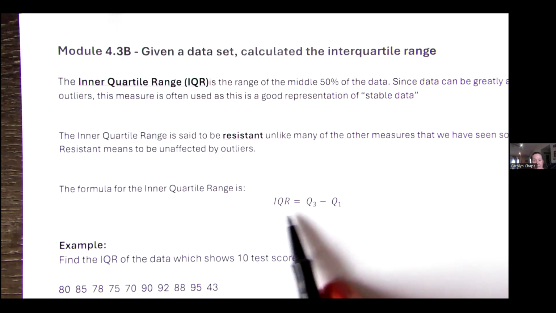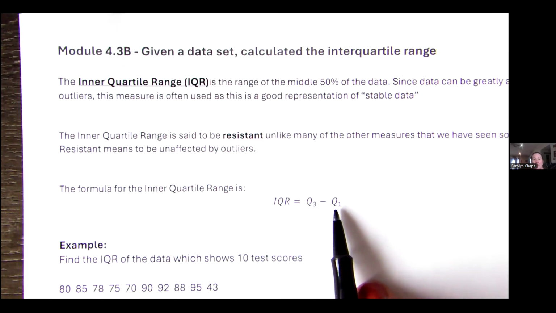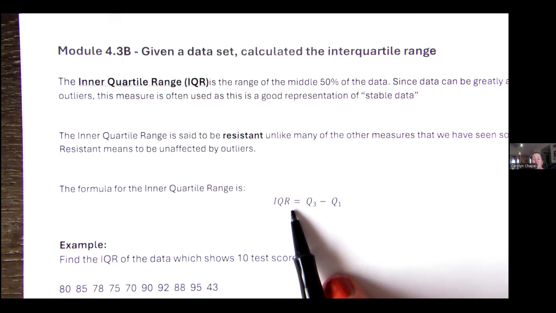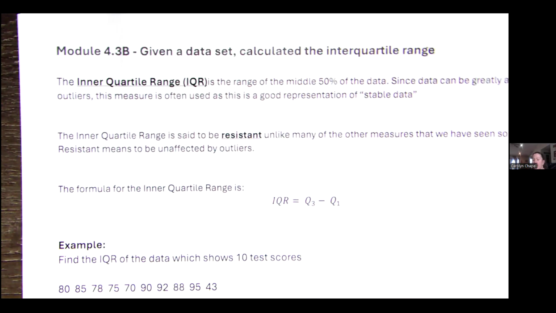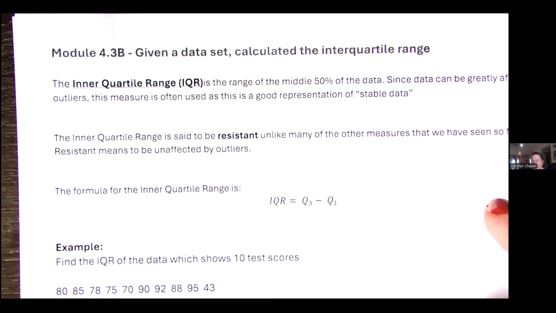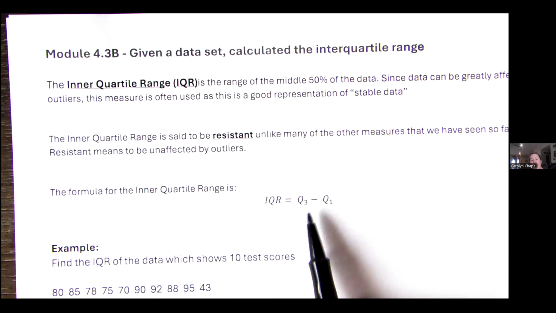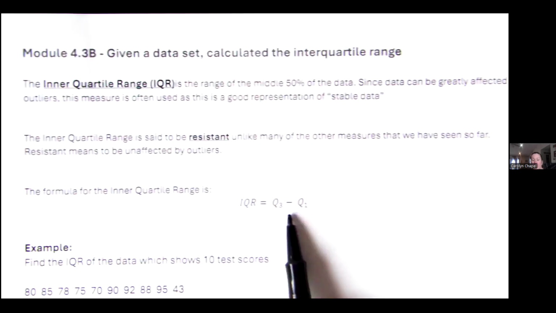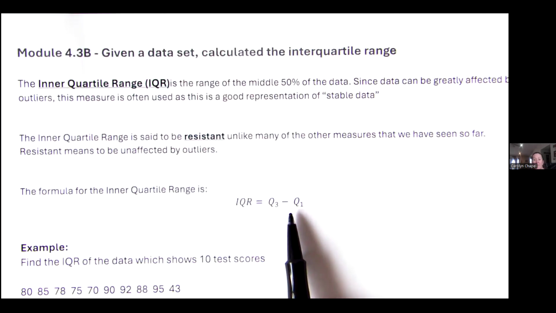And we've already done an example finding Q1 and Q3. So our interquartile range is taking those two values and simply subtracting them. The reason we like this one is because it is not going to be affected by really large numbers or really small numbers.